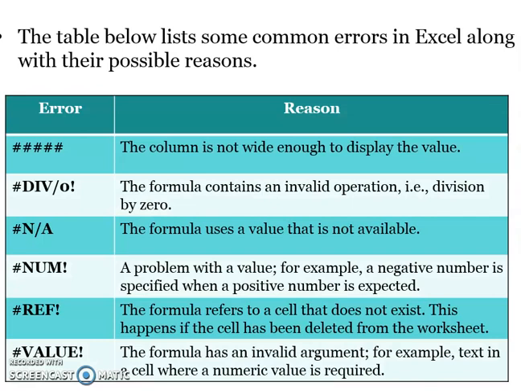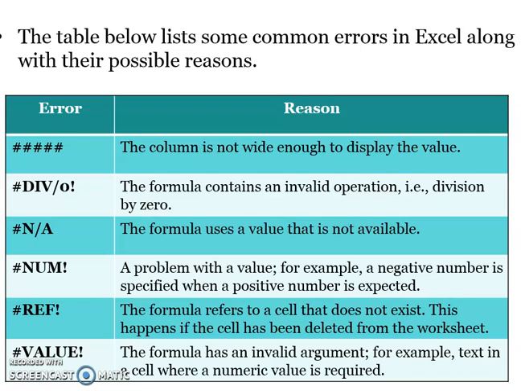In this table there are some error examples. When you see number 1, which is the hash sign, it means that the column width is too small, so our value is not displayed completely. Then number 2 means you have an invalid operation, such as division by 0.